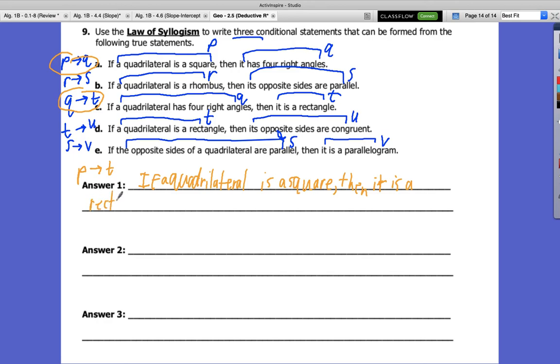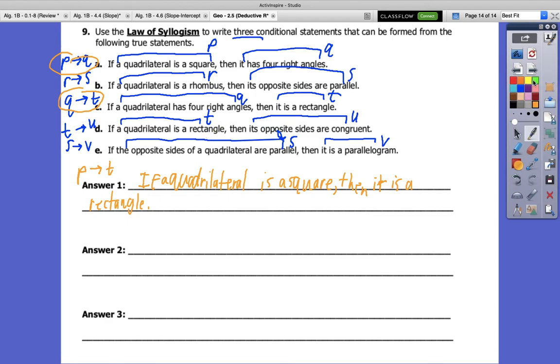If a quadrilateral is a square, then it is a rectangle. That could be one conclusion we make.